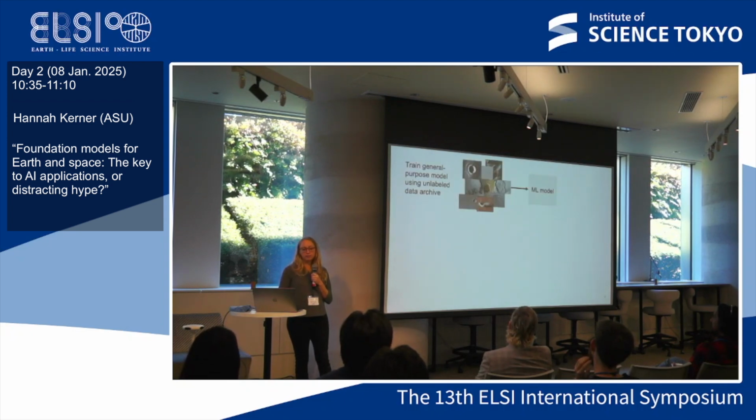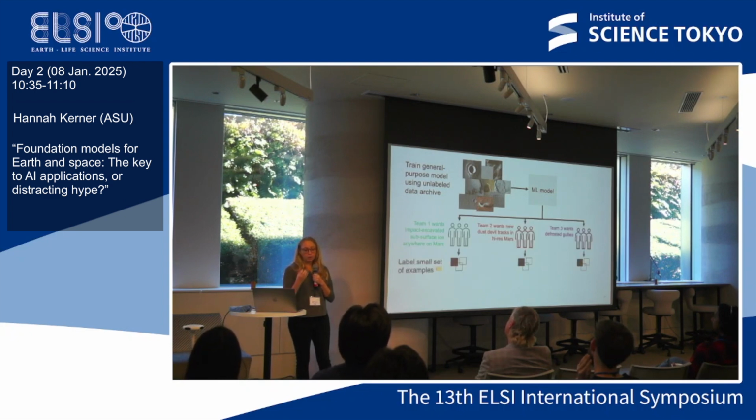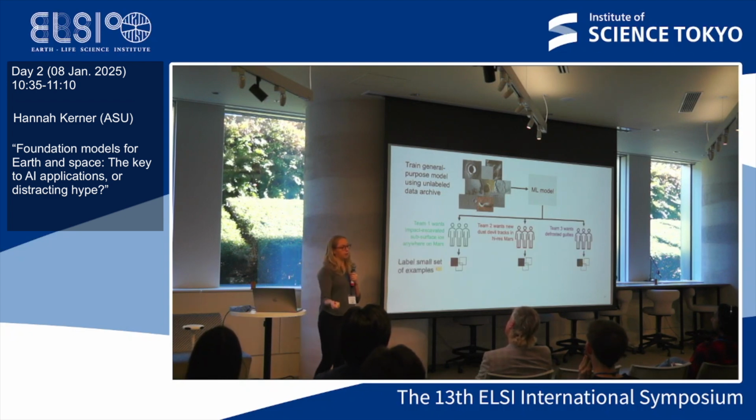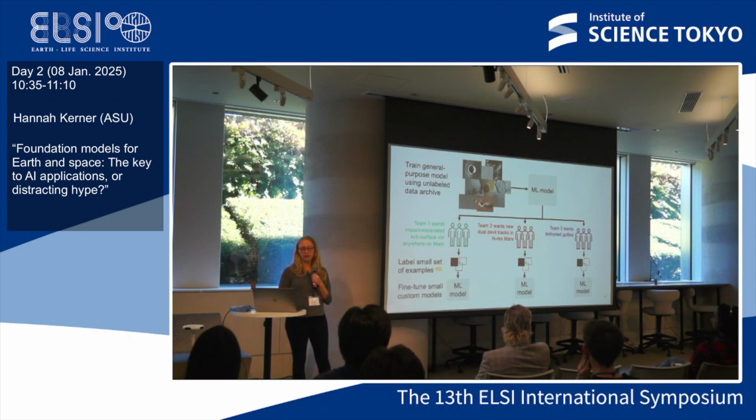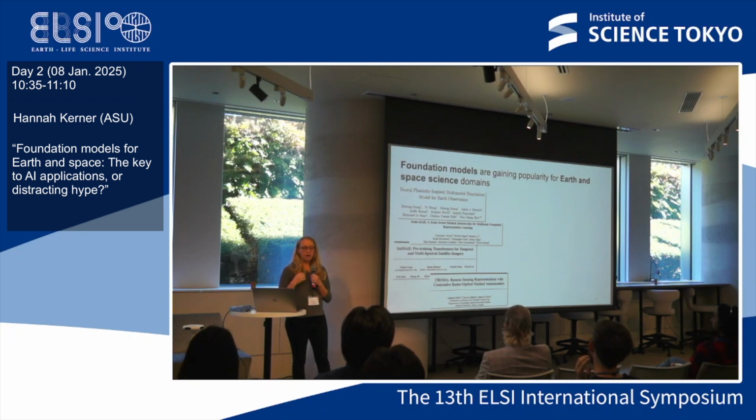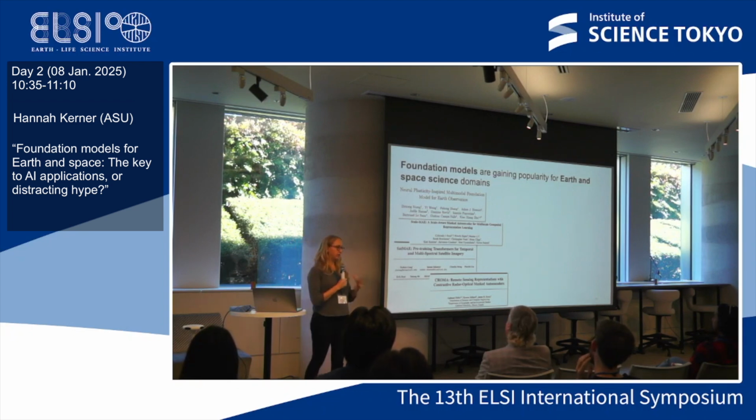Instead, we want to be able to take one of these general purpose models and start with that and just show a few examples of what it is you want to find, and then the model will quickly adapt to that. And so people are developing these kinds of foundation models for Earth and space exploration.